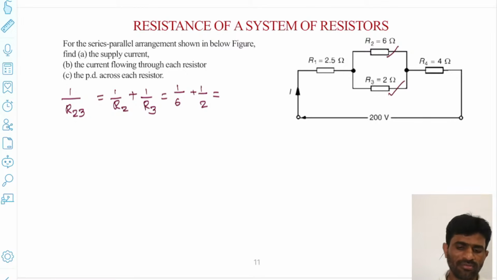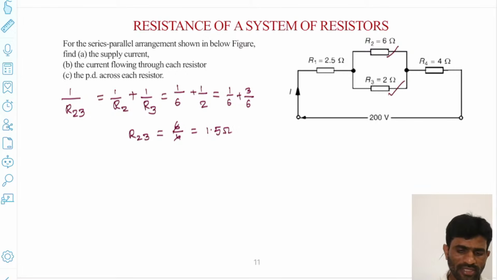After taking LCM, which is 6, 1 by 6 plus 3 by 6, which is 4 by 6. So R23 is equal to 6 by 4, which is 3 by 2. 3 by 2 is 1.5. So 1.5 ohms.